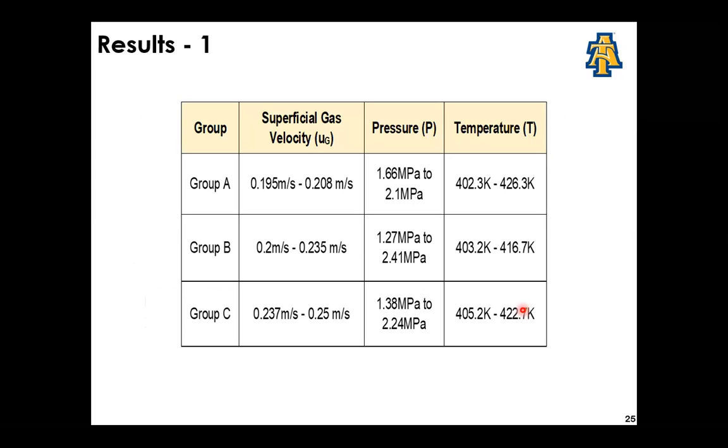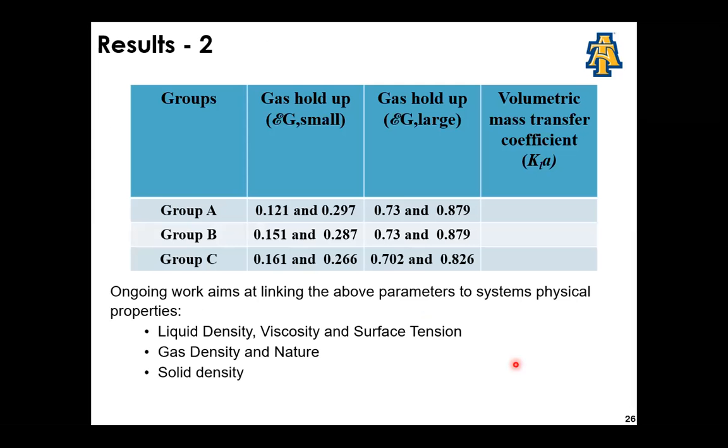These are just some generalized results. This table shows the superficial gas velocity of our different groups, as well as the pressure and temperature of each PSD group. It also shows the gas holdup, both for the small diameter and the large one, for different groups.